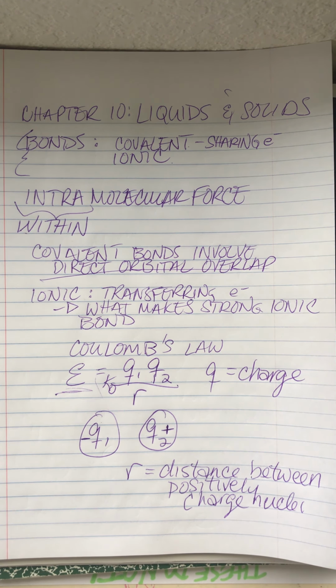So Coulomb's law gives us information about the strength of an ionic bond. Does that make sense? And the two big factors when you're talking about the strength of ionic bonding are the charge magnitude and the radius between the atoms, or ions rather, excuse me. Coolsies?